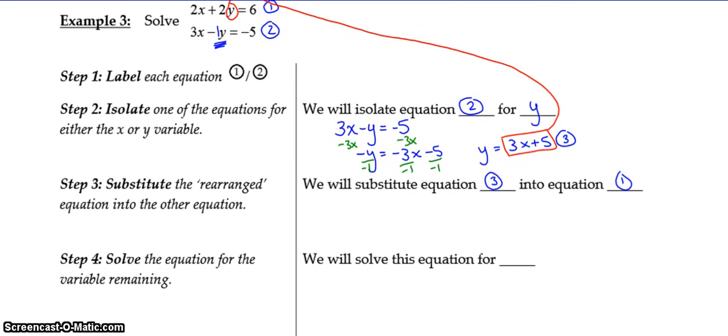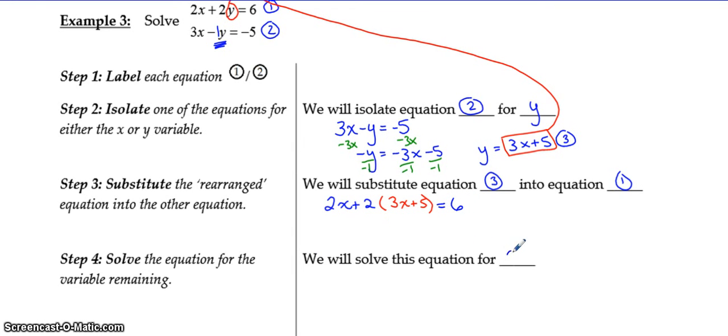So that means we're going to have 2x plus 2 times 3x plus 5 equals 6. So this was equal to y, so we have 2x plus 2y equals 6.